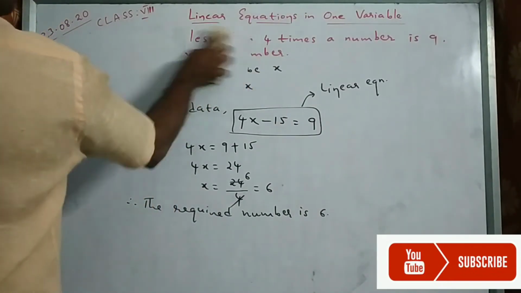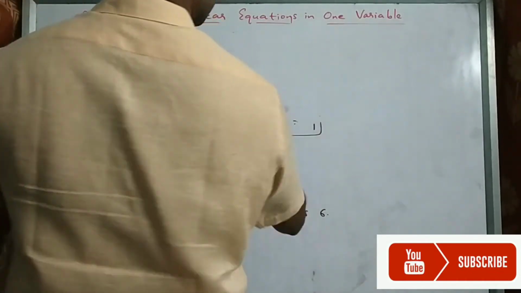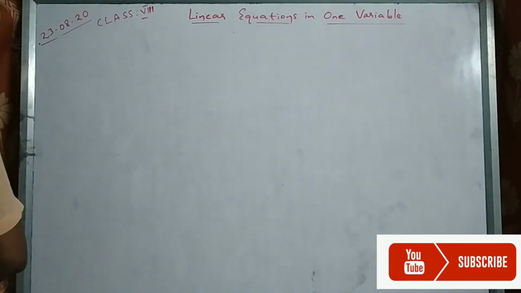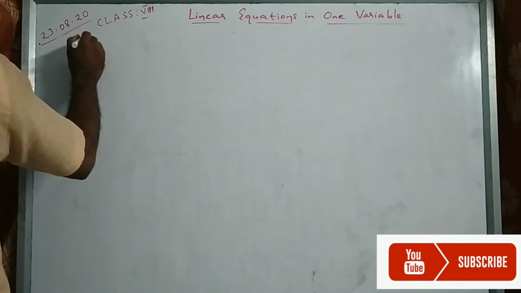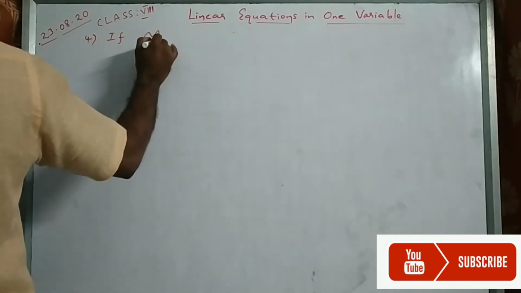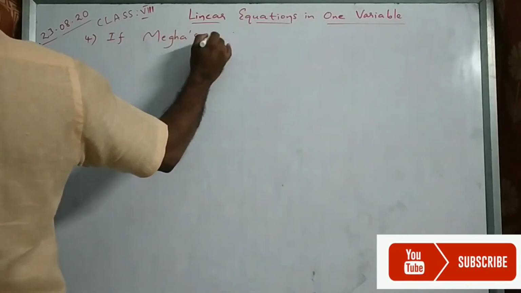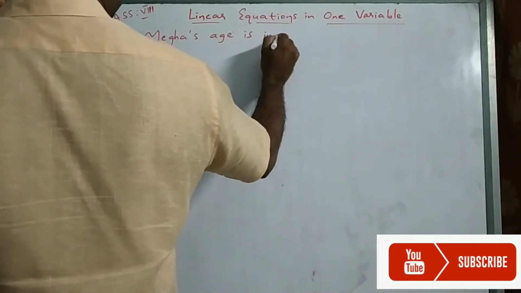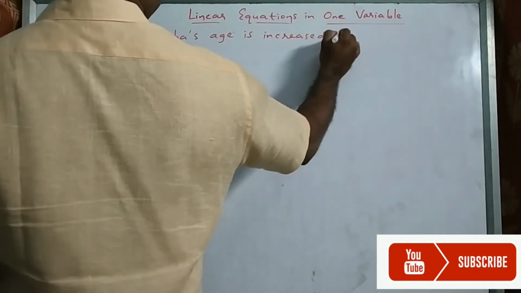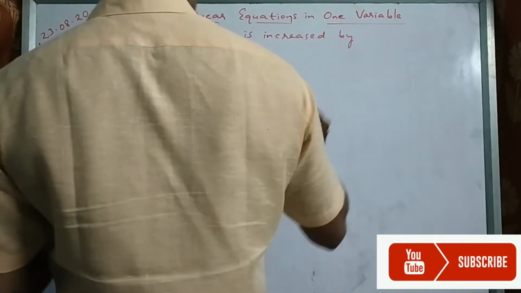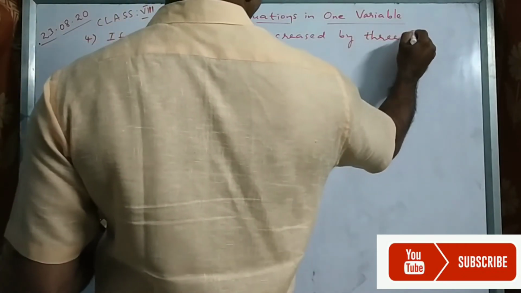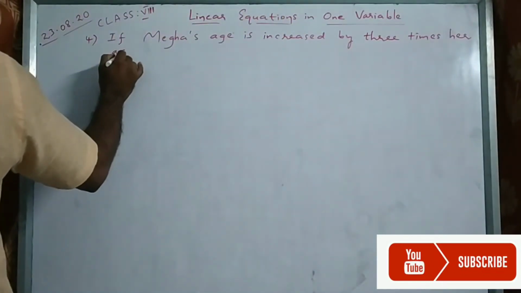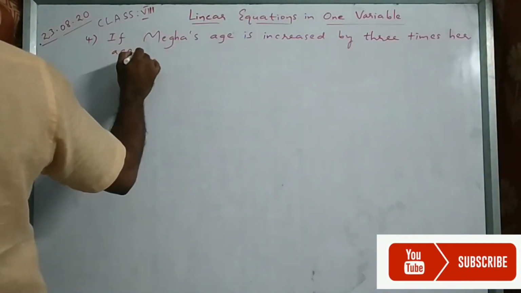Fourth one. If Megha's age is increased by 3 times her age, the result is 60 years.